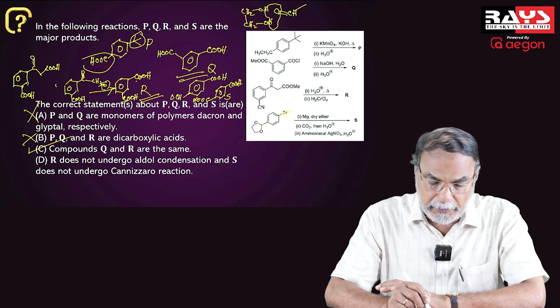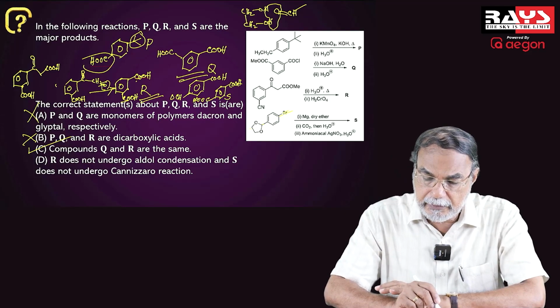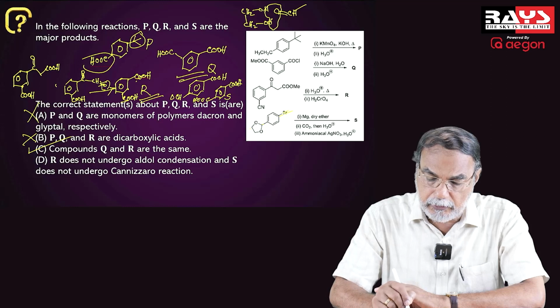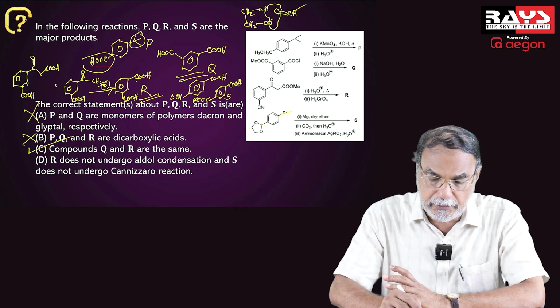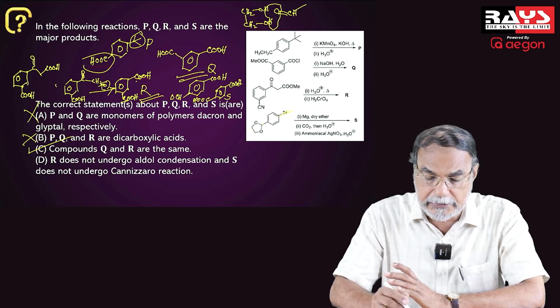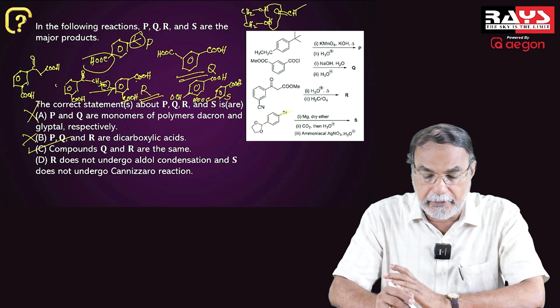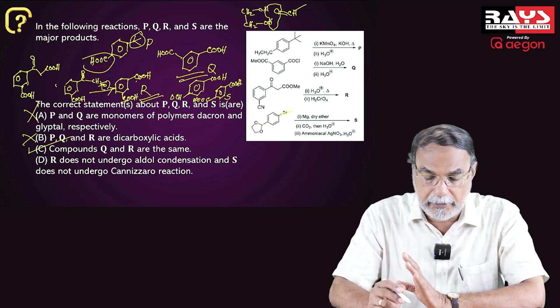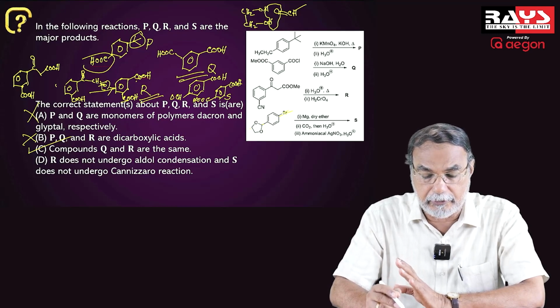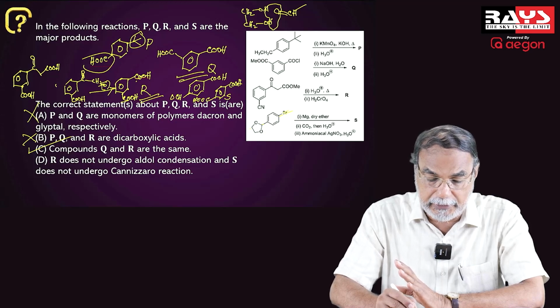Okay? And statement D is about R. It doesn't undergo aldol condensation. Of course, it doesn't undergo aldol condensation, because it doesn't contain any alpha-hydrogen containing aldehyde or ketone. It's only a dicarboxylic acid.